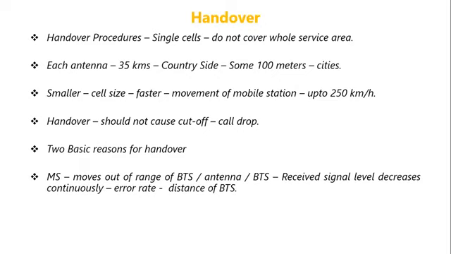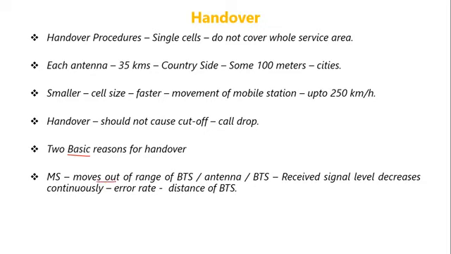So all these three reasons put together come under the first reason for handover, because basically there are two reasons. The first reason is that radio quality may reduce, and communication may become impossible. The radio link quality reduces for several reasons.